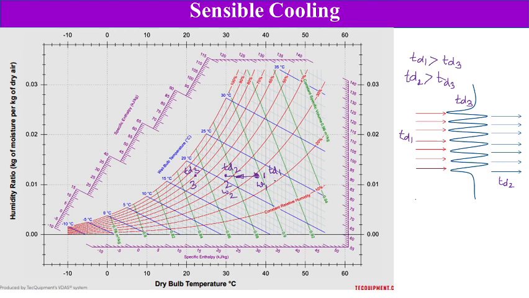So phi 1 is 30%, and after cooling the relative humidity increases to, say, between 40 and 50, that means 45. So relative humidity phi 2 is 45%. So relative humidity increases from 30 to 45%. This is what happens in sensible cooling.